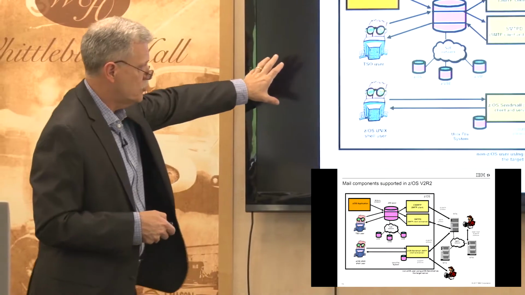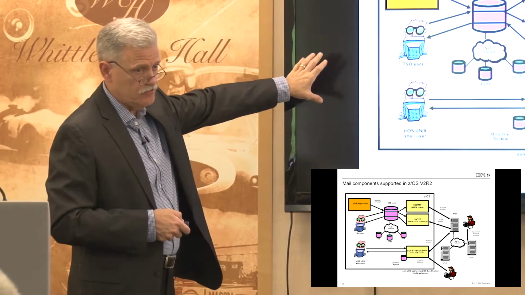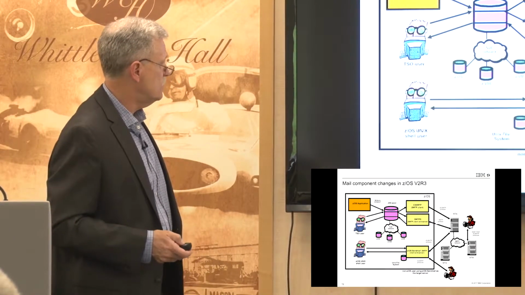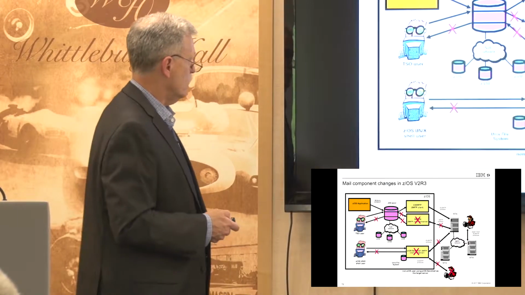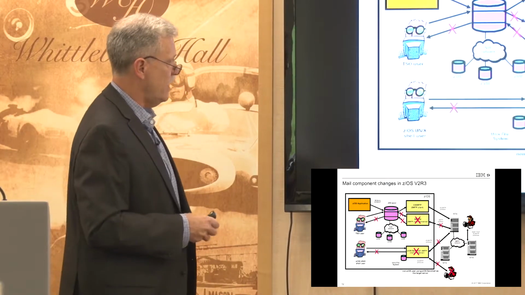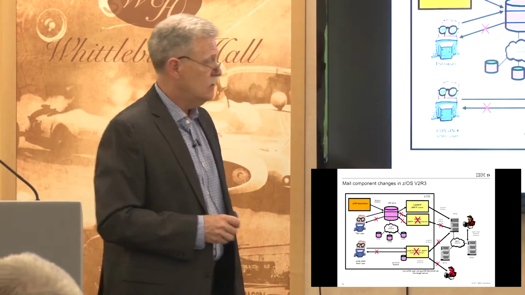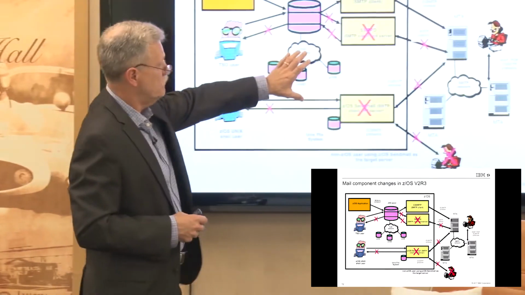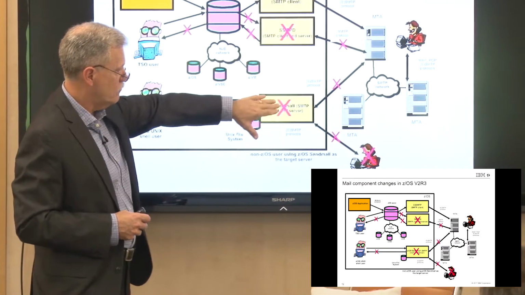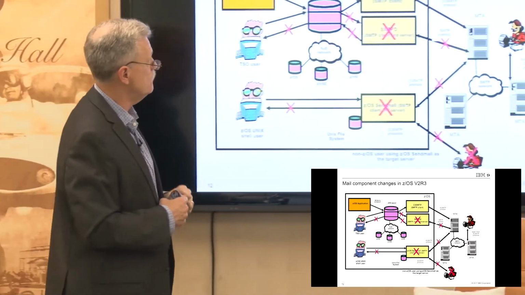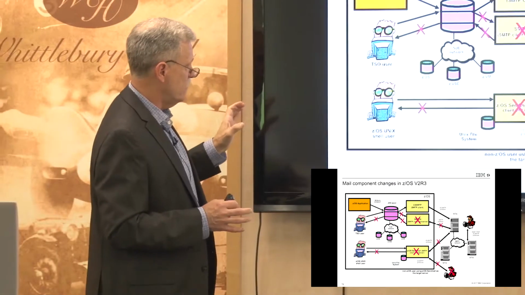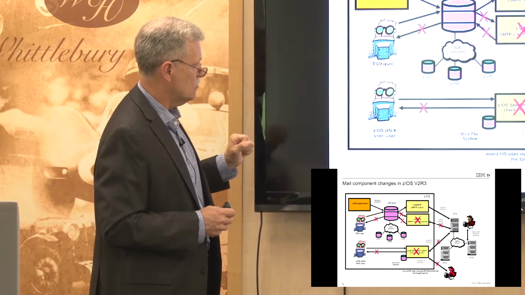This is what the picture looked like in 2.1 and 2.2, and when we move forward to today, the mail components that will change in 2.3, the X's show everything that's going away. The main part of this picture is that both of these mail programs are now gone in 2.3, and all the interfaces into them that are X'd out are also gone.